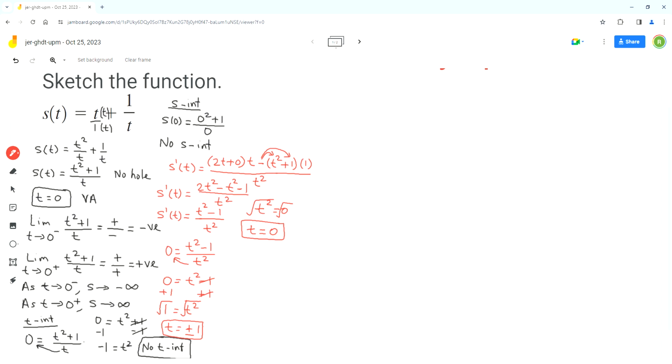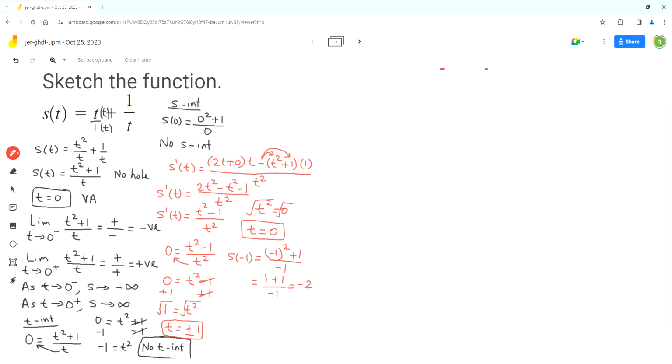Now we can find the critical points by plugging in the t values at which the derivative is equal to 0 into the given function. So let's start with s at negative 1. That will be negative 1 squared plus 1 over negative 1, which is equal to 1 plus 1 over negative 1, which is just negative 2.